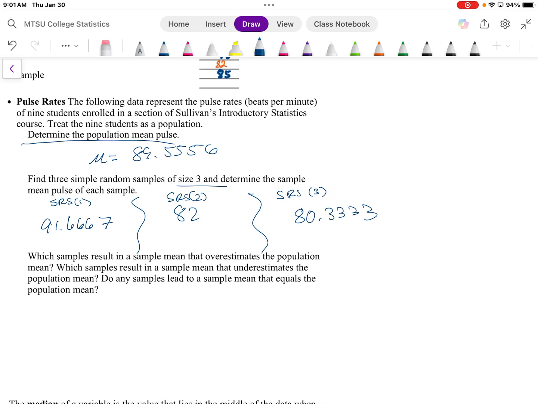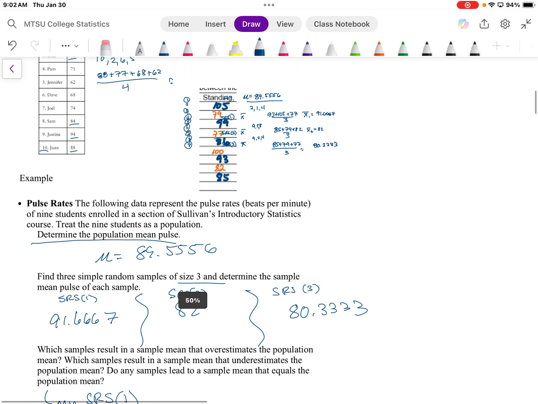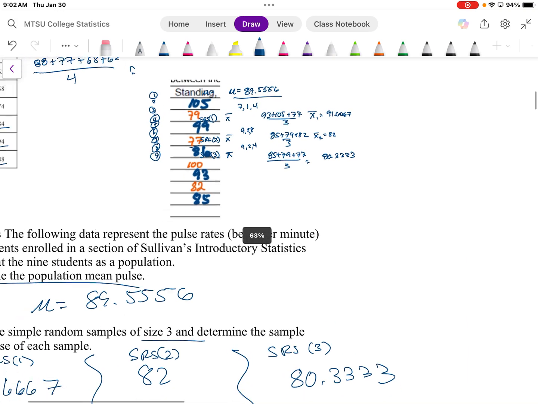Which sample results in a sample mean that overestimates the population? Well, for me, my SRS 1, using student number 9, it wasn't 9, it was 7, 1, and 4.